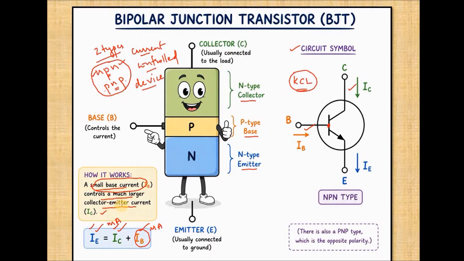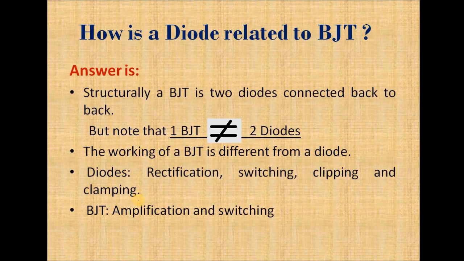Well, I think we have understood a little bit with respect to a BJT also. Now moving forward, again asking the same question: how is a diode related to a BJT? Are they the same? No, definitely they are not the same. But structurally, we can say that a BJT consists of two diodes connected back to back.